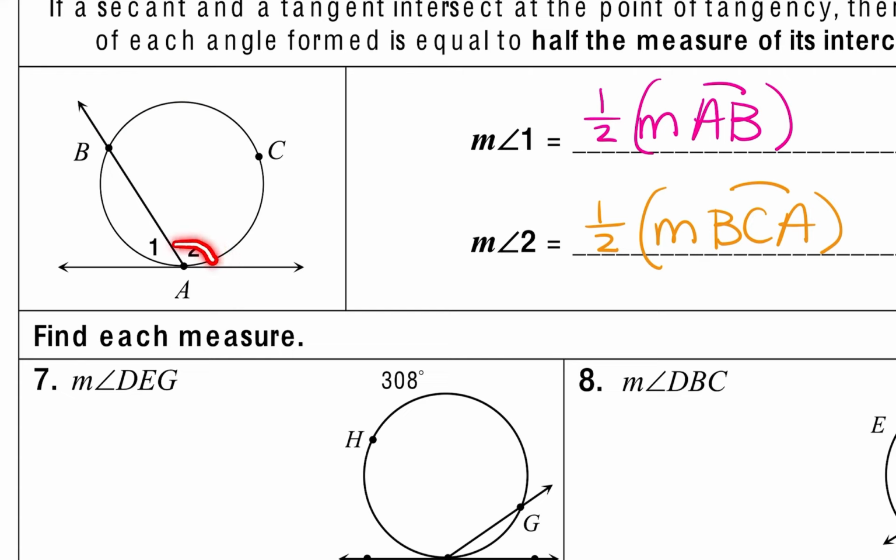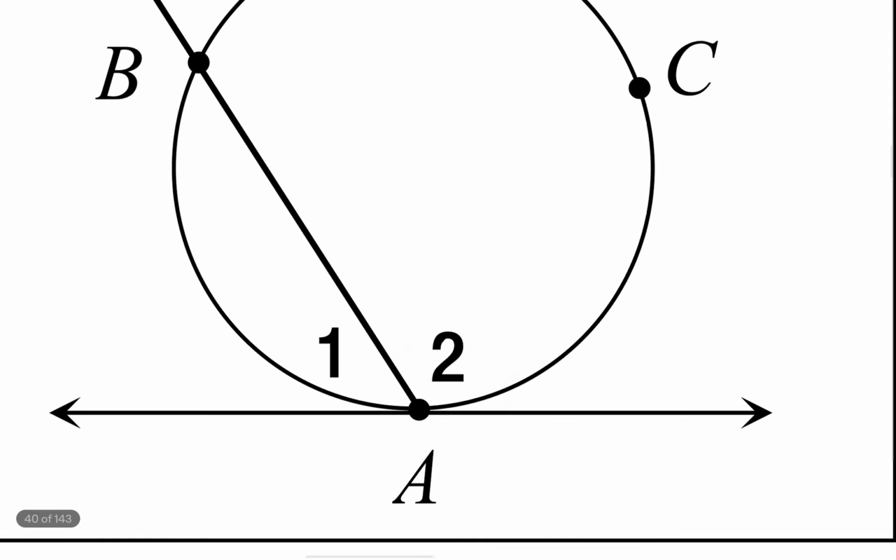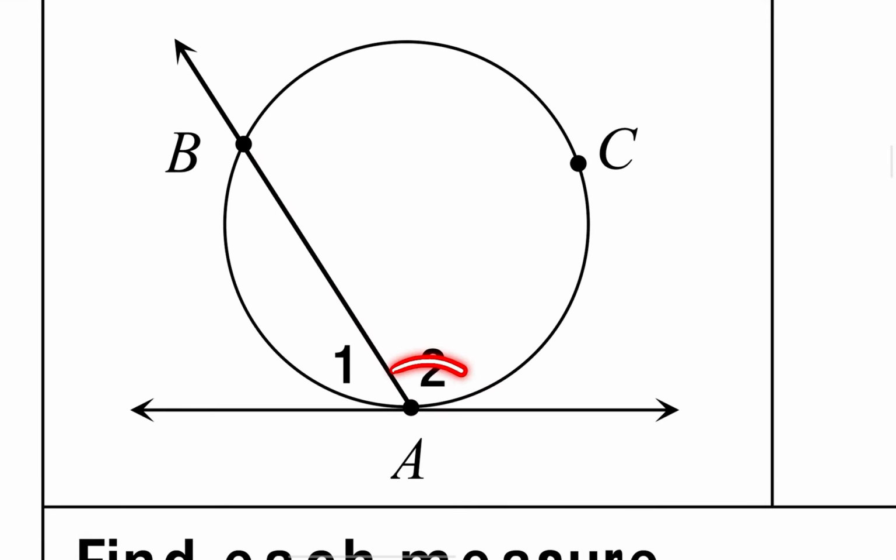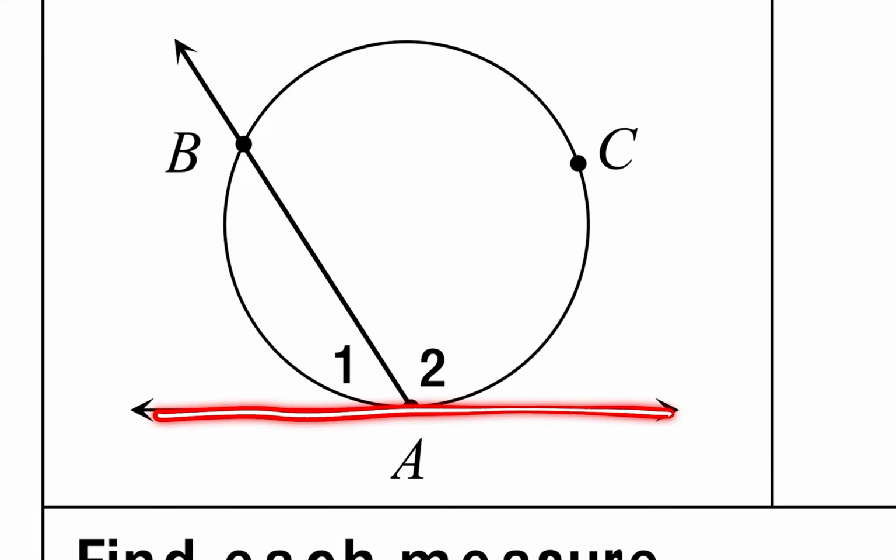And notice how that angle is going all the way down to the line. So when I zoom in, it is this angle all the way down to the line, right? We're not stopping on the circle for any reason. The angle is created by two intersecting lines. Okay? And then, of course, these two angles would be supplementary or a linear pair.